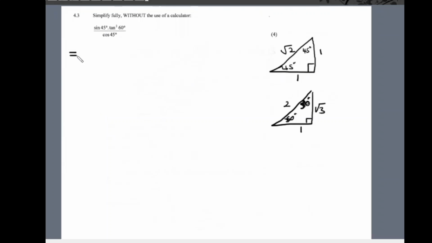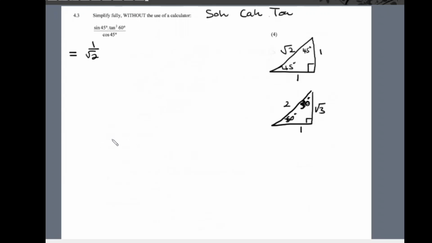So now in the numerator you will have sine 45. Again, going back to SOHCAHTOA, you see that sine is opposite over hypotenuse. Sine of 45 degrees is here. This is opposite over hypotenuse, so it's 1 over the square root of 2.